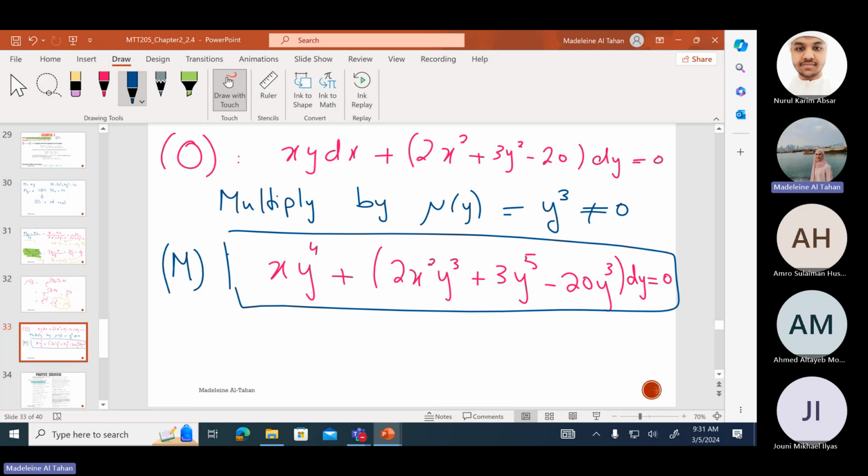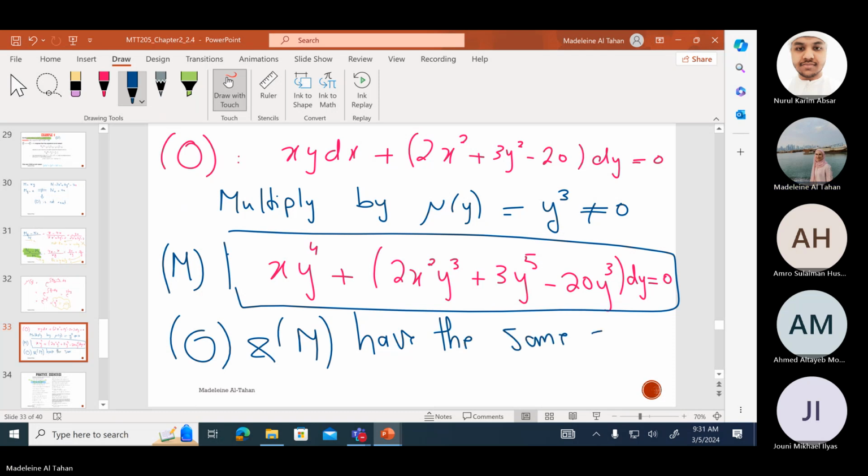O and M have the same solution. If you still remember, we weren't able to solve O because it's not exact. So what will we solve now instead? And while finding the solution for M, it means that it will be the solution of O.